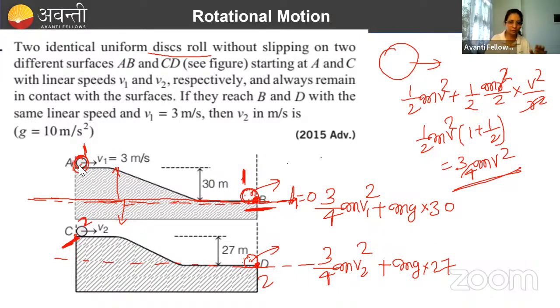So for both balls we have written the energy, and it is said that when they reach B and D they are having same linear speed. उनका लीनियर स्पीड B और D पे सेम है. So B and D पे they are having same kinetic energy. It means their energy are what? Same throughout. Done. So we will simply equate these two and we will be getting the answer. ठीक है? Got it? Clear है?